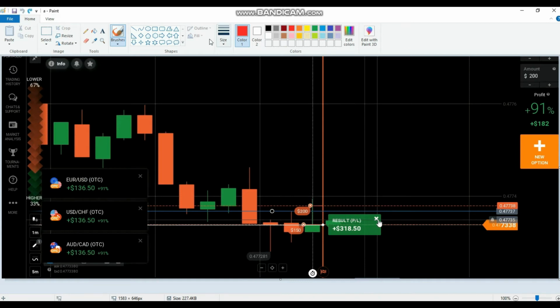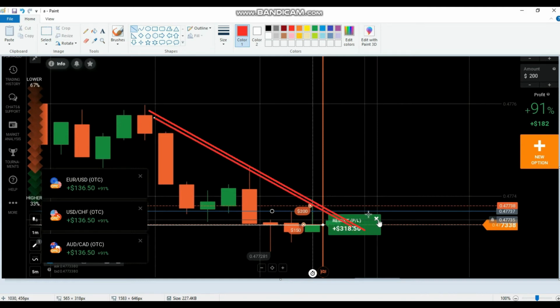Also we need to consider the market movement here. It's respecting this area, we can draw it like this. The market is between this area, so when it hits this point it may reject and go down.